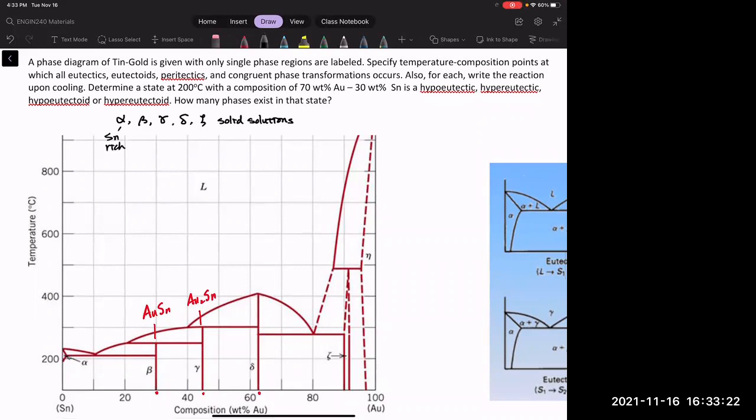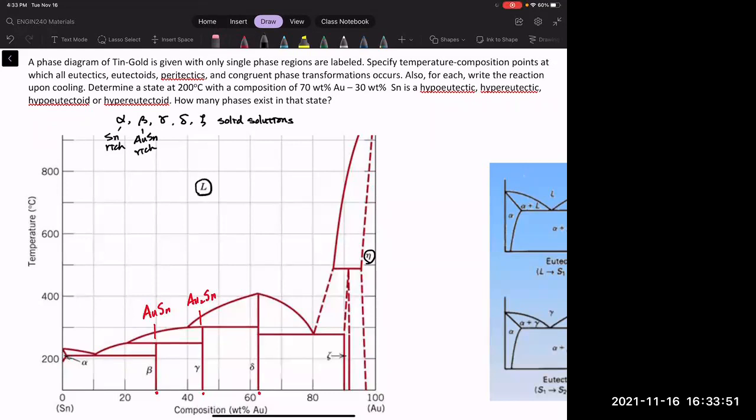And the beta, if this one is the intermetallic compound, will have more of this. Etc., etc. You can see there are a lot more. There's another one here, actually, eta. So there are a lot more solid solutions in here.